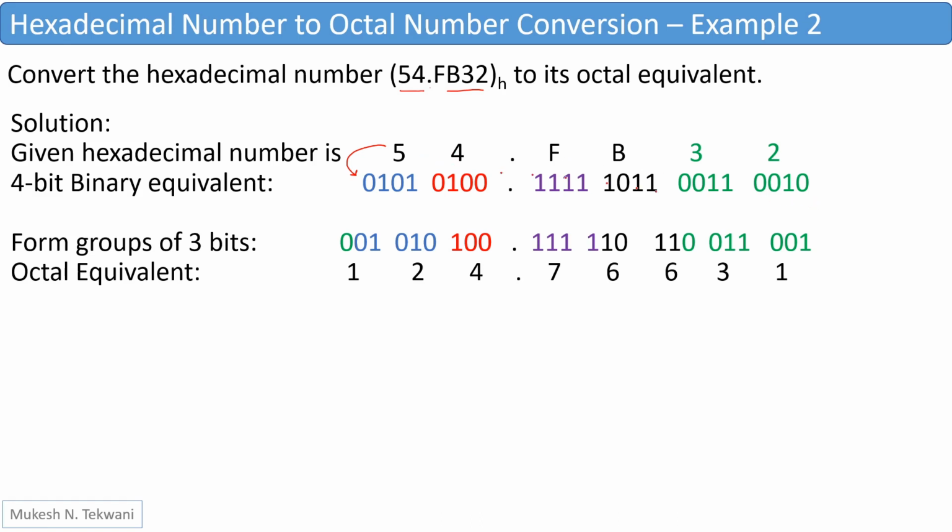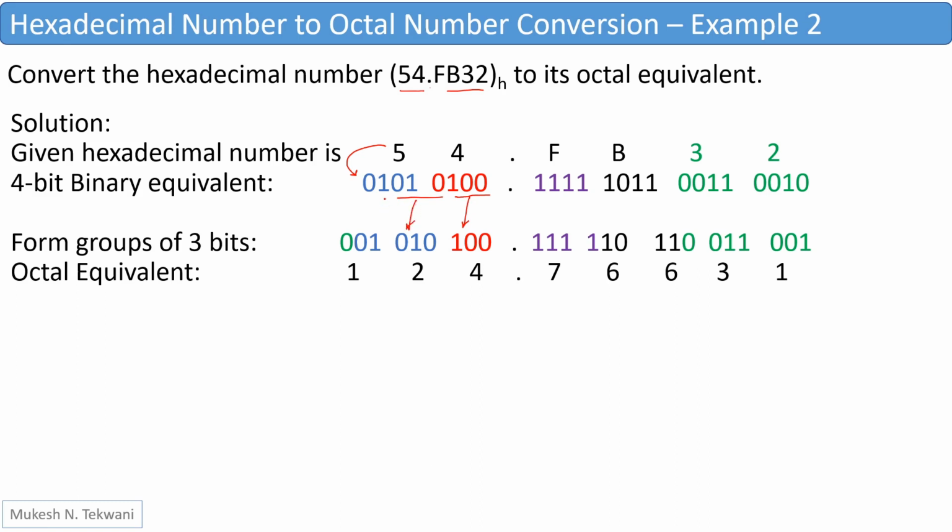Again, we form groups of 3 bits starting from the point. Now observe this. We start from the point. As far as the integer part is concerned, we collect 3 bits at a time, moving to the left. So we have 001, which becomes one group of 3 bits. Then we have 010, our next group of 3 bits.